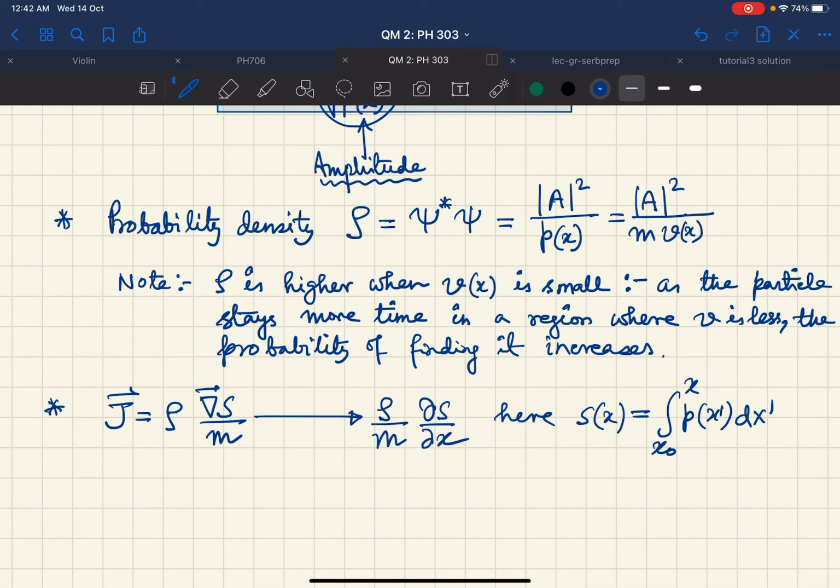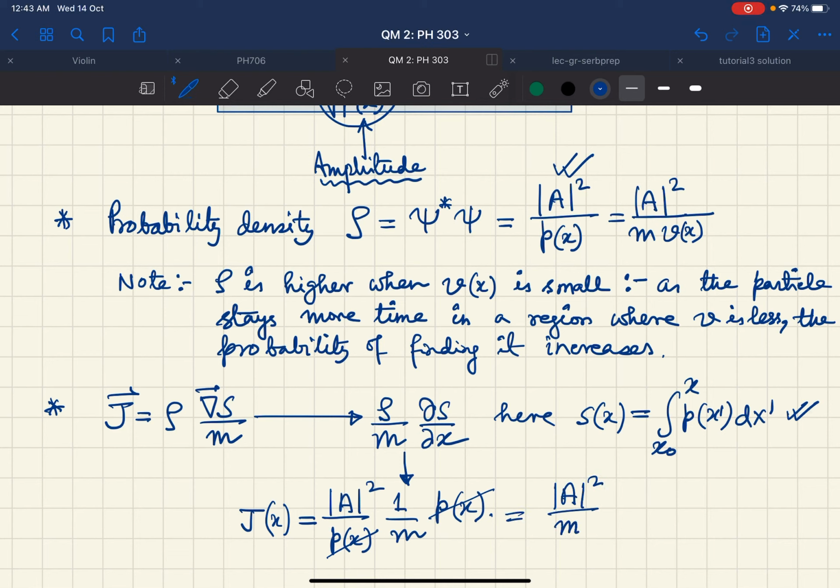So we just use this result that j(x) is nothing but mod A squared by p(x), which we have used from this expression, into 1 by m into p(x), because S(x) is given by the integral of p(x') dx', the upper limit being x. So if you calculate del S del x, I will get p(x), and this p(x) fortunately will get cancelled.